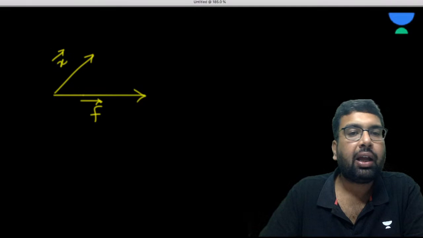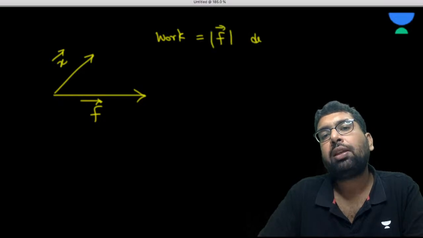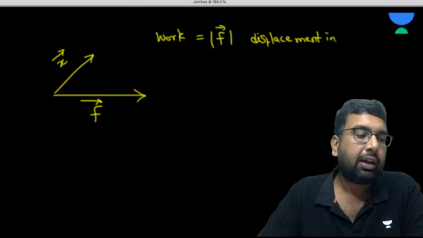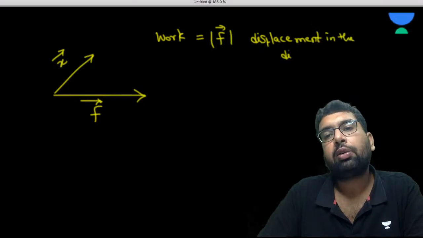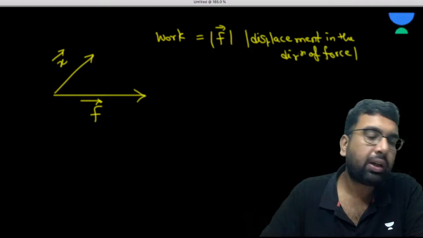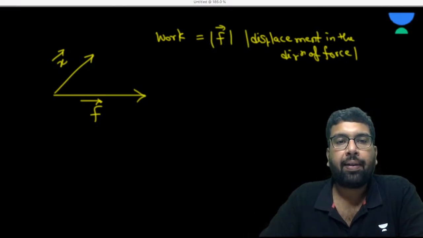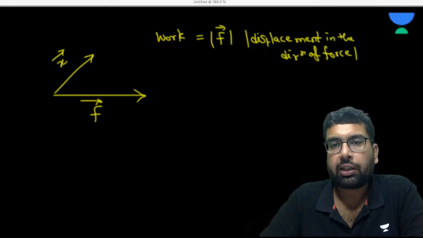Now you only said, sir, work is force magnitude and magnitude of displacement in the direction of force. Yes or no? Please answer me. Do you believe in this? Do you have any doubt in this? Again, I am asking you. Kim, I am waiting for your doubt, my dear. You don't have any doubt in this, right?